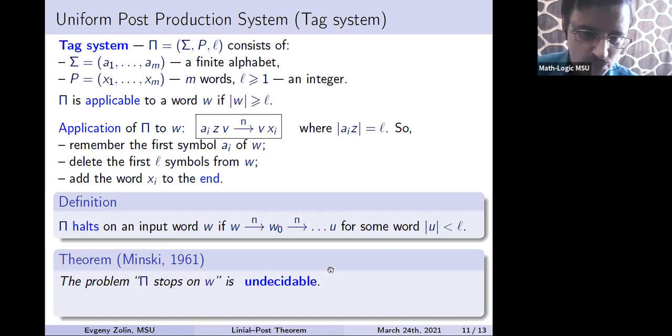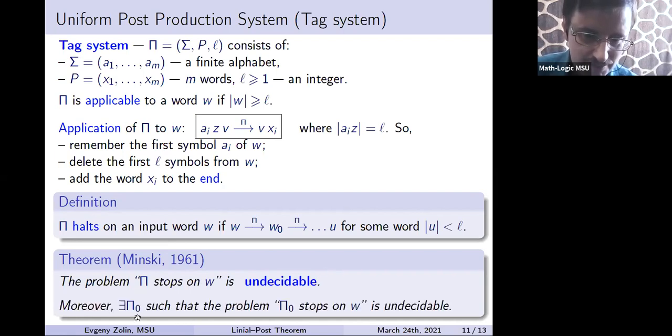Moreover, there is just one fixed tag system, pi 0, such that even for this system, with the input being just one word W, we need to check whether pi 0 stops on this W. Even this problem is undecidable.